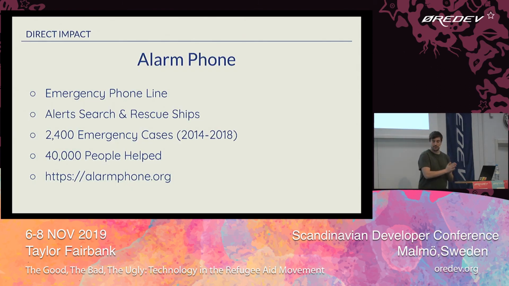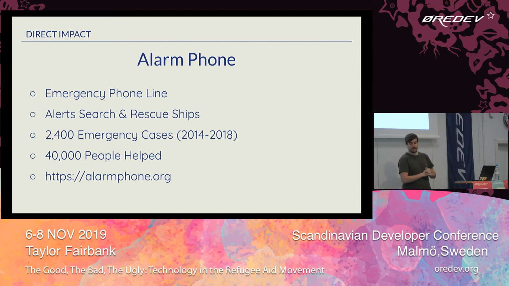The last group that I want to talk about today is Alarm Phone. This group does life-saving work on an hourly basis. They're an emergency phone line for people who are crossing the Mediterranean. They send alerts to search and rescue ships in the area, both government ships and other NGO search and rescue vessels.